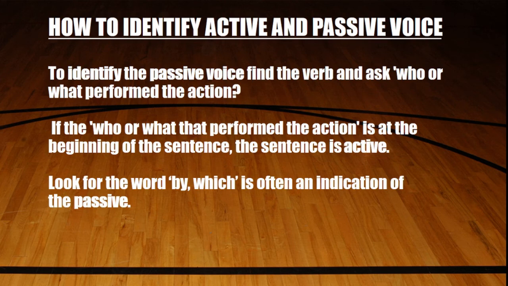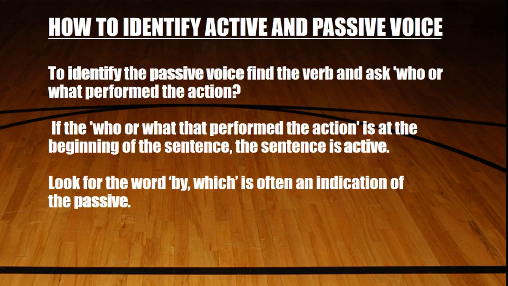But if it is not in the beginning, then it is in the passive voice. And then you must look out for the word by or which, because that is often the indication of a passive voice, right?